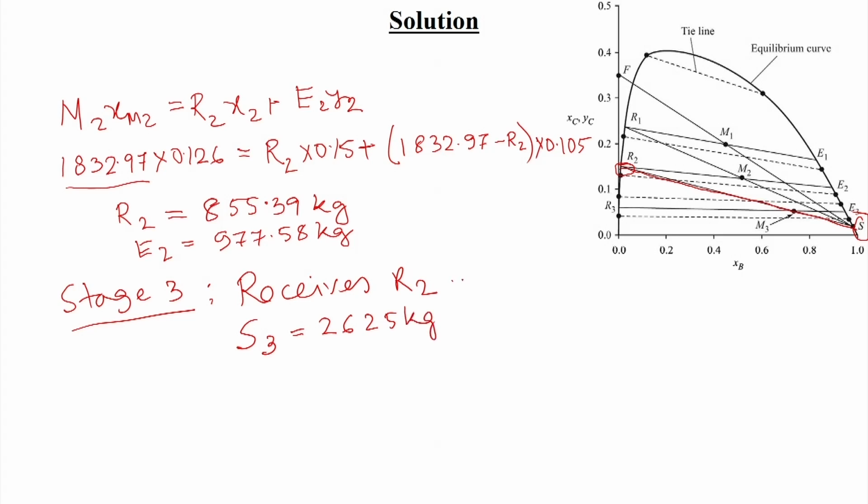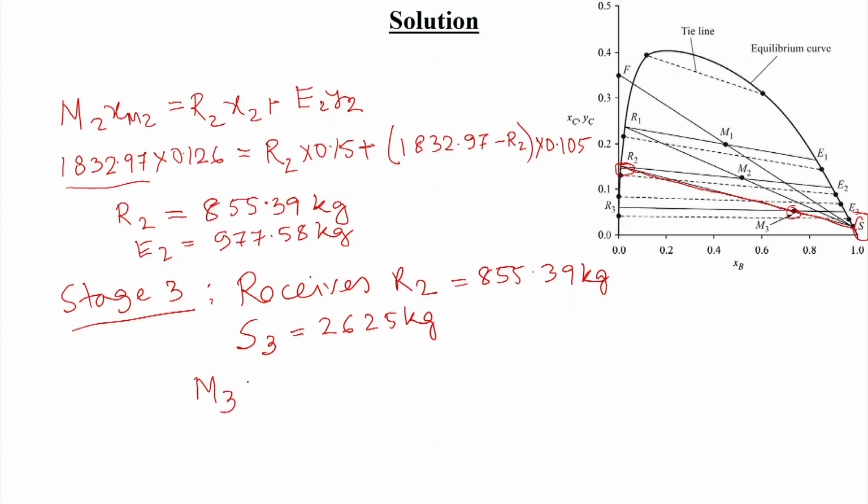Now, doing the component balance for this system, we get M3, the mixture, which will be the summation of R2 and S3.